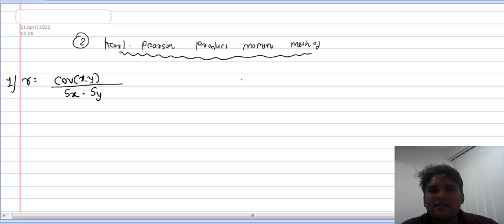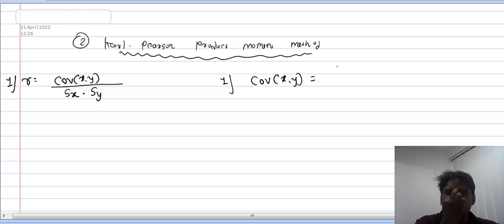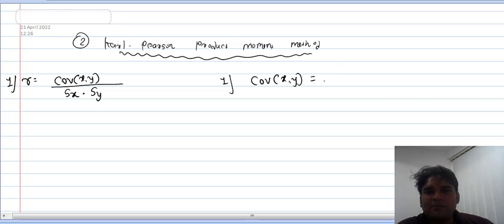Now second and third formula is very important. First, understand COVXY. Sometimes in the questions they will not provide you the value of covariance XY, that means COVXY. You have to find it.